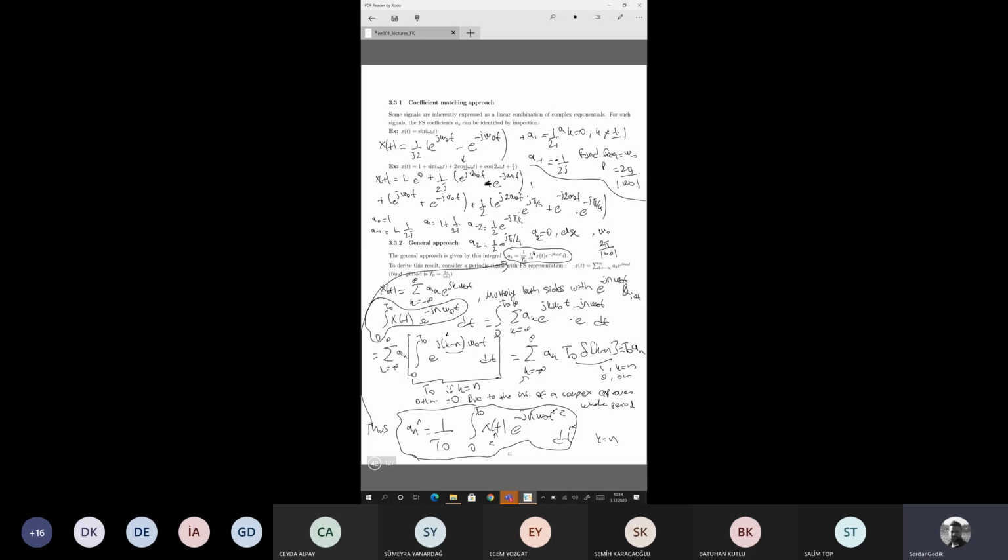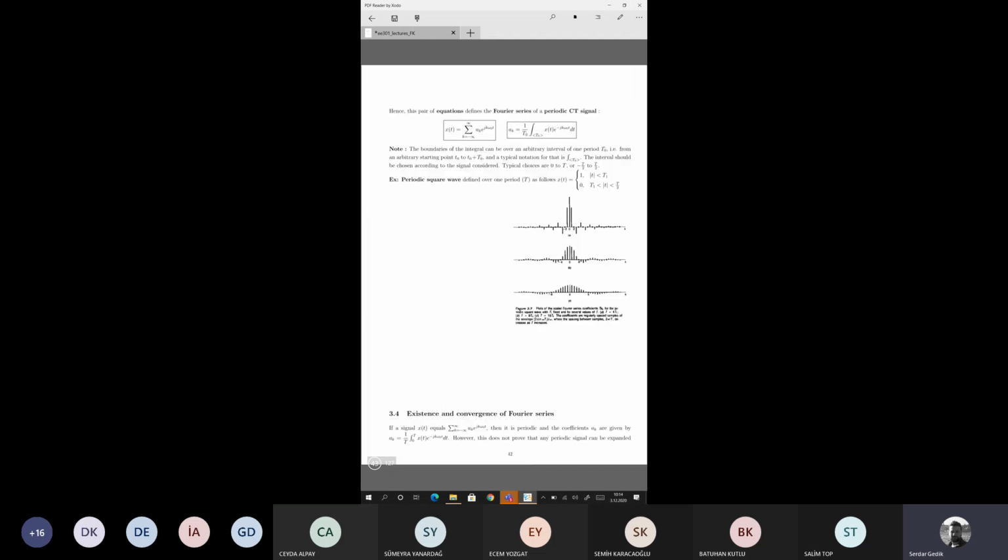Well, the proof is actually not so hard. Now I have at this point the synthesis and analysis equations. This is the so-called synthesis equation. This is the so-called analysis equation. What do those equations tell you?